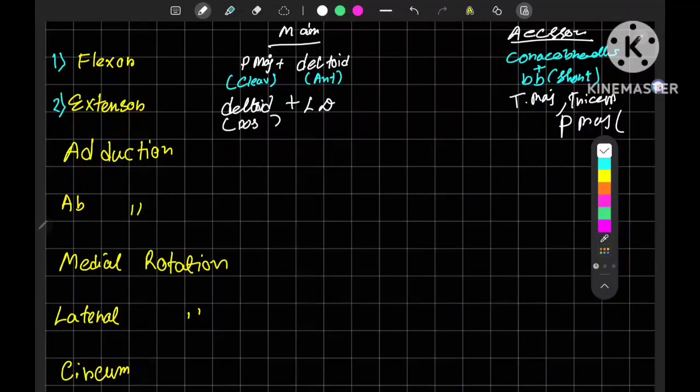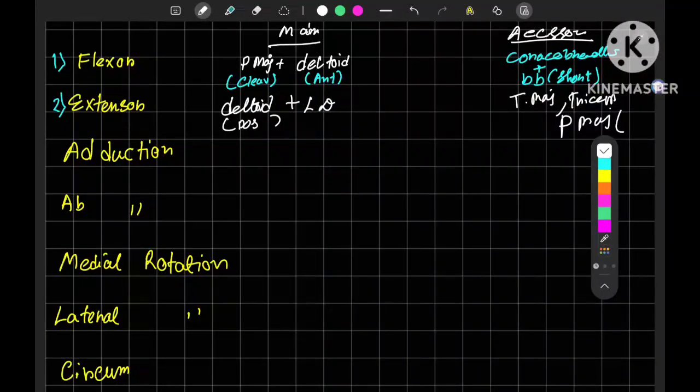But in the exam you don't have to write the accessory muscles in detail. Just mention the main muscle with the head, which head of the deltoid is responsible. The anterior fiber is responsible for flexion, the posterior fiber for extension.